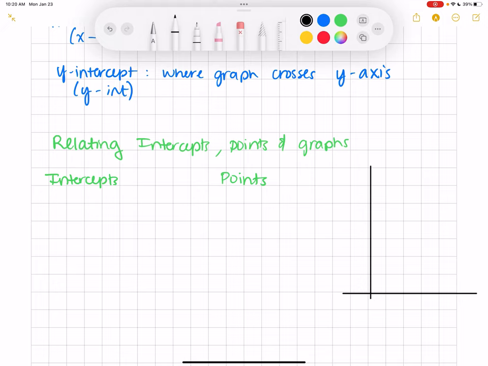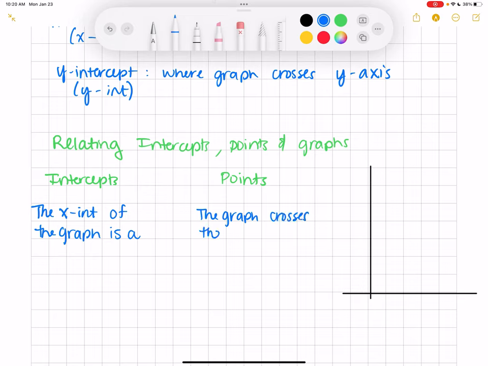All right, so intercepts. The first one, the x-intercept of the graph is A. The point, so the graph crosses the x-axis at the point (A, 0).